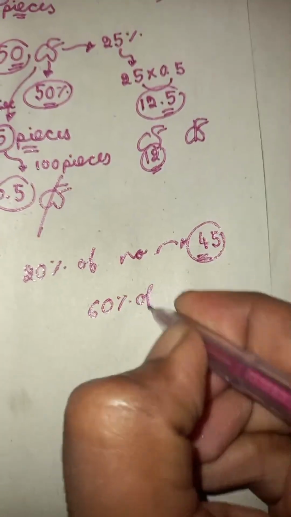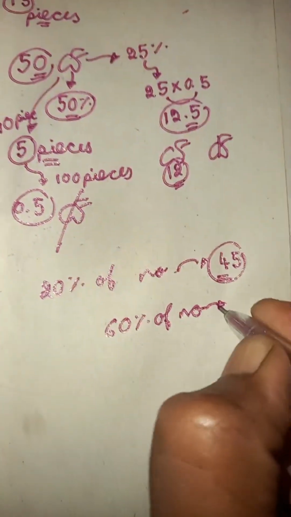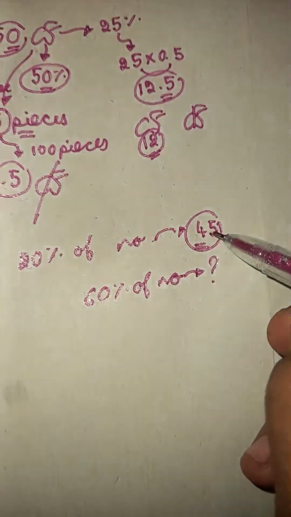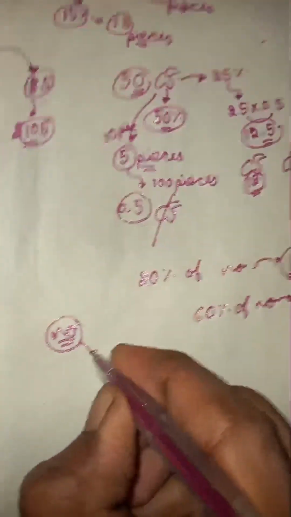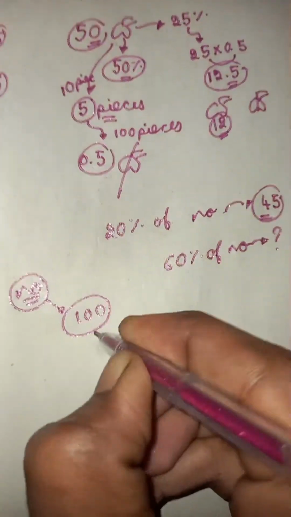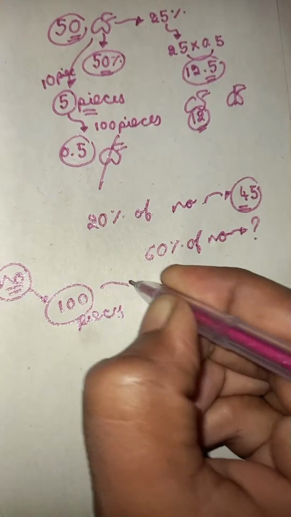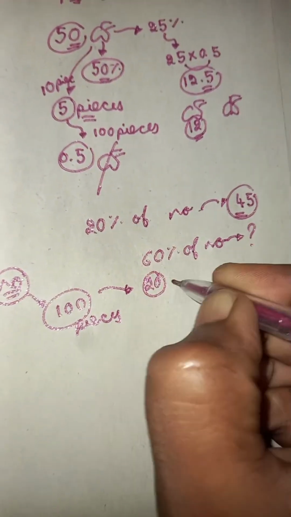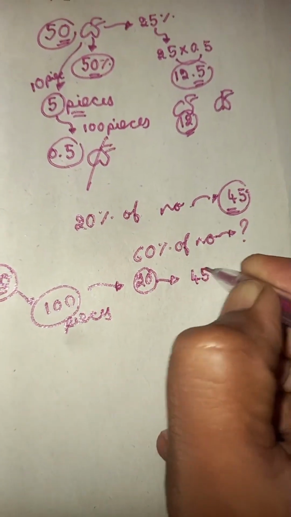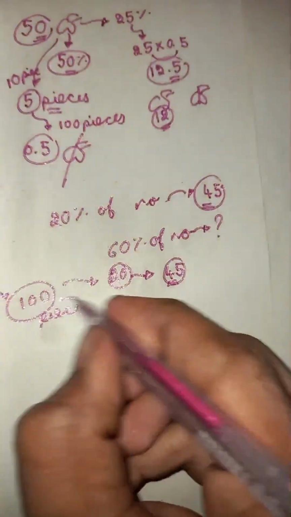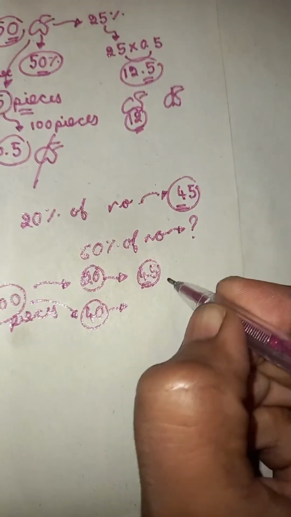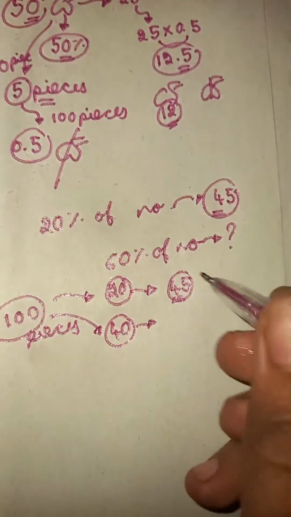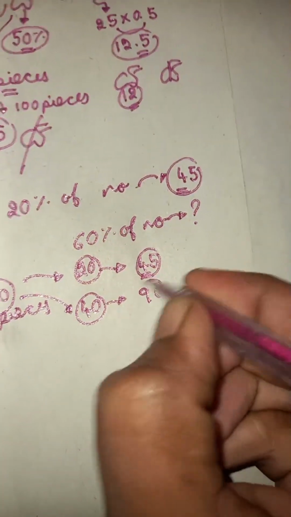I'm going to tell you how it works. 20% of it is 45 means, if you make the number into 100 pieces, and among those 100 pieces you take 20 pieces, it gets to 45. So if you take 40 pieces, it is going to be 2 times of it. 45 times 2 is 90.